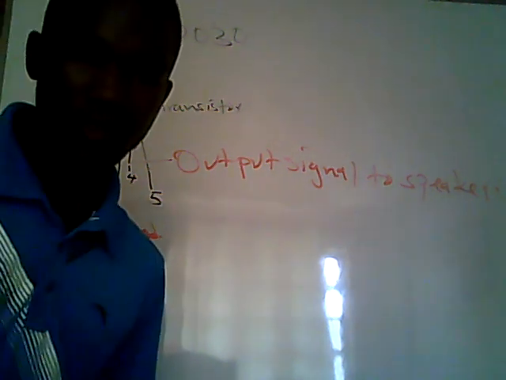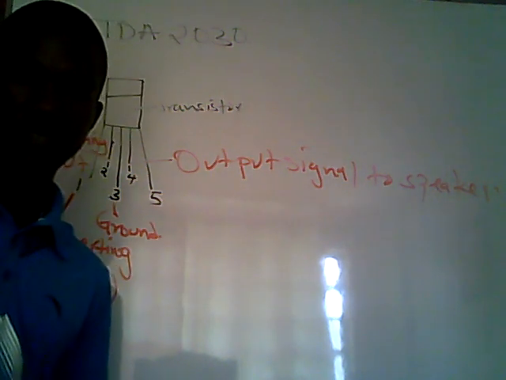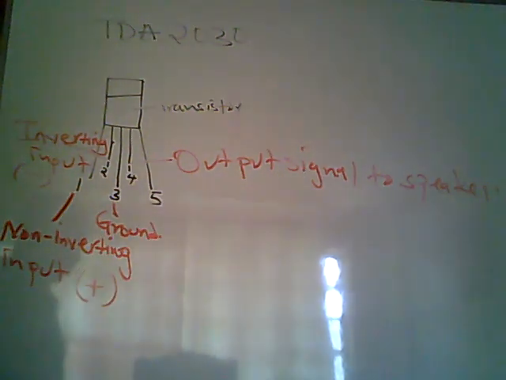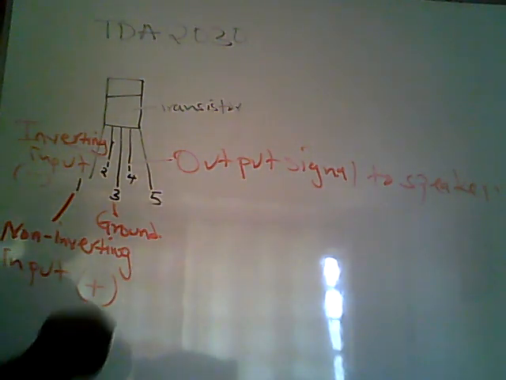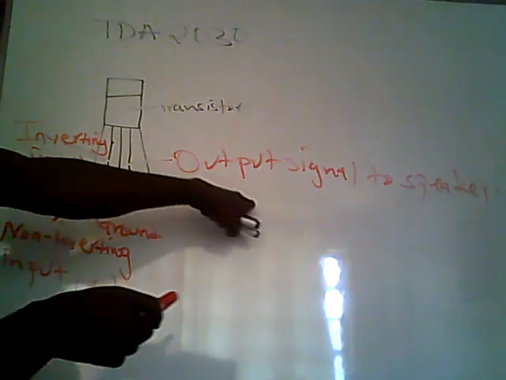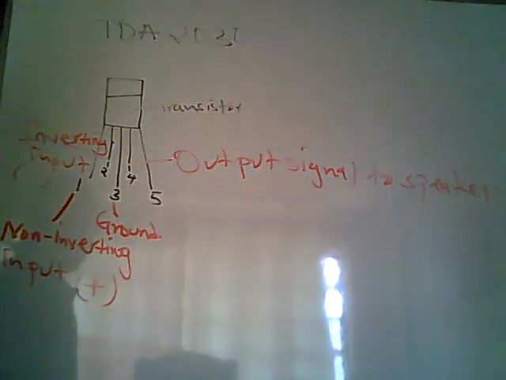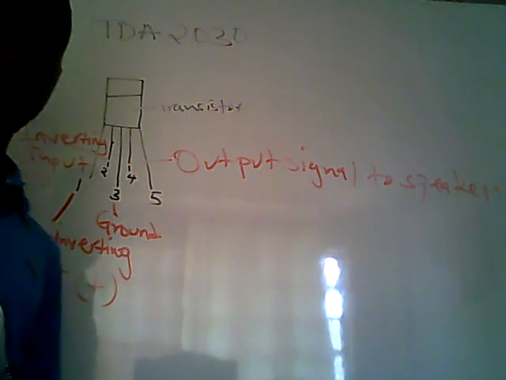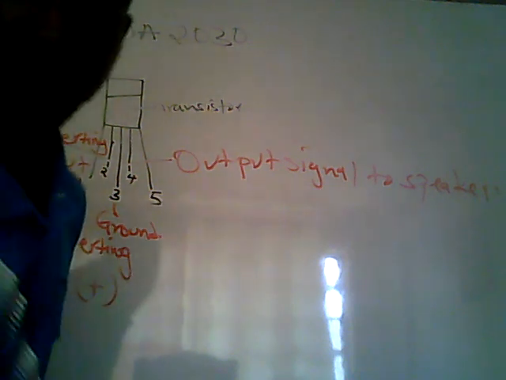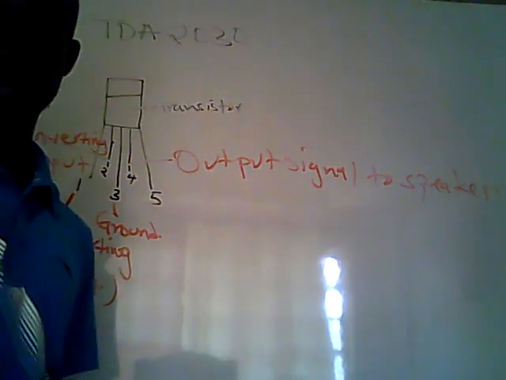So pin 4 drives the output to the speaker. After doing everything, putting the signal, it is getting out to the speaker through pin 4. So pin 4 is the output.